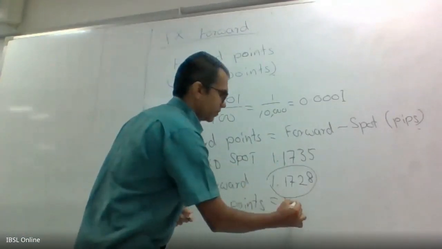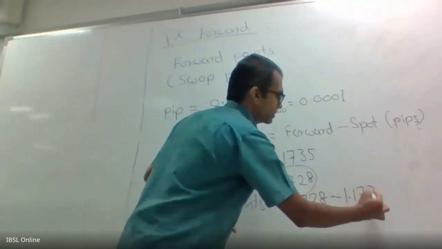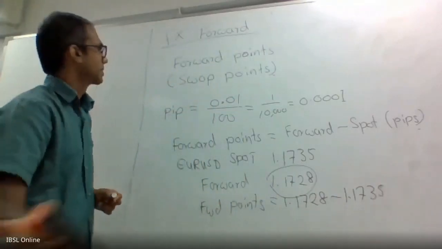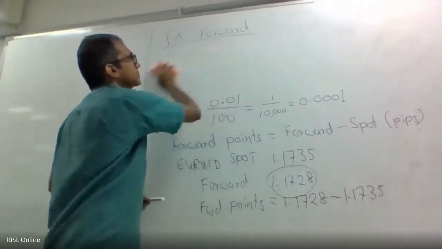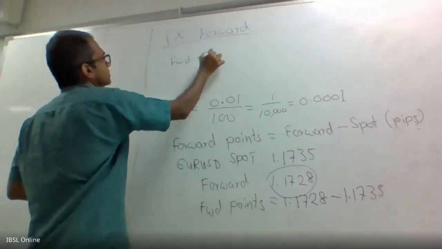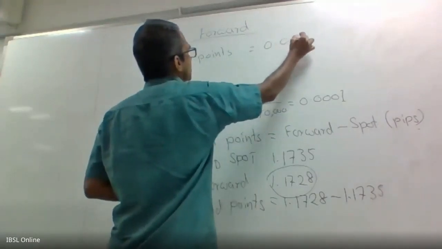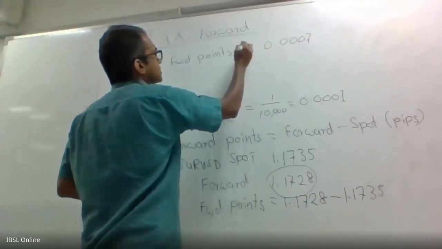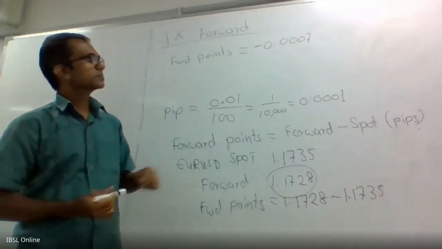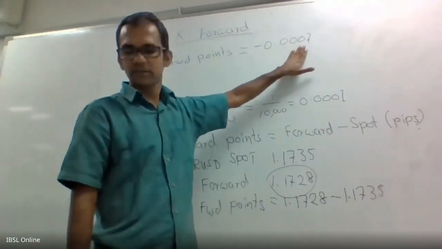So 1.1728 minus 1.1735. The answer you get is negative 0.0007, but we don't write it as this.